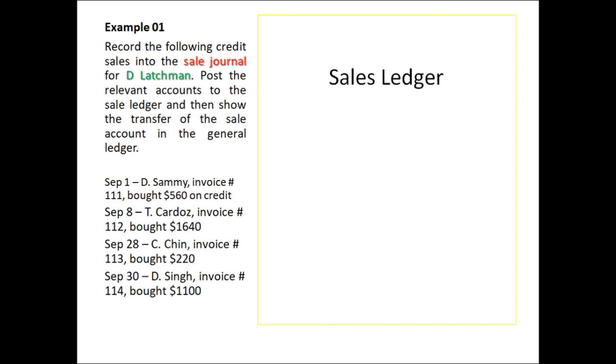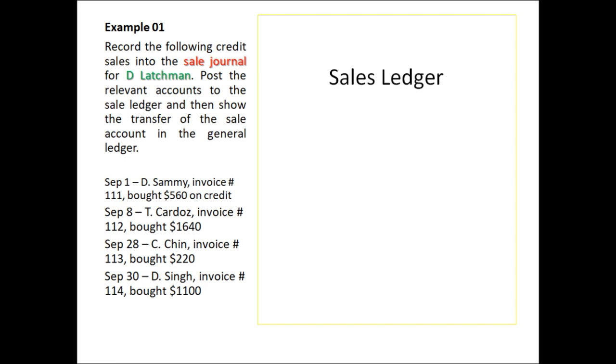The ledger is basically an account that we create for each and every person we do a transaction with, whether we're selling to someone or buying from someone. In preparing the sales ledger, we first need to prepare the heading.